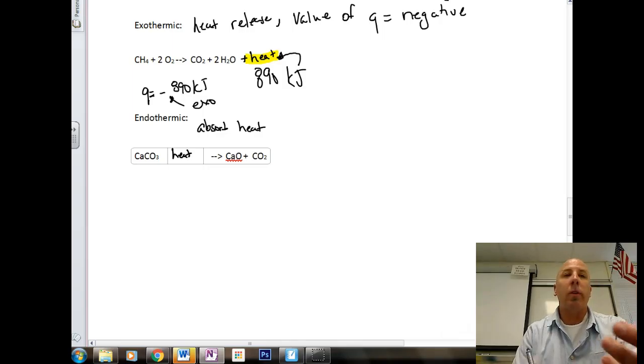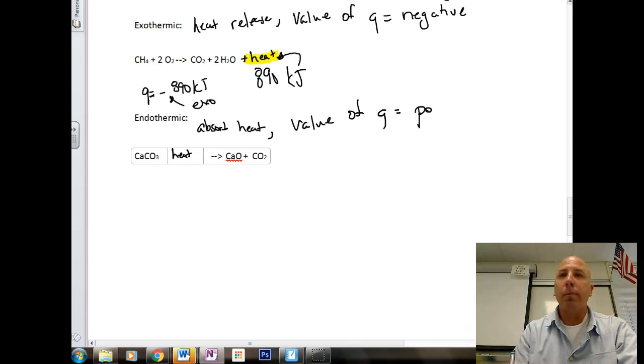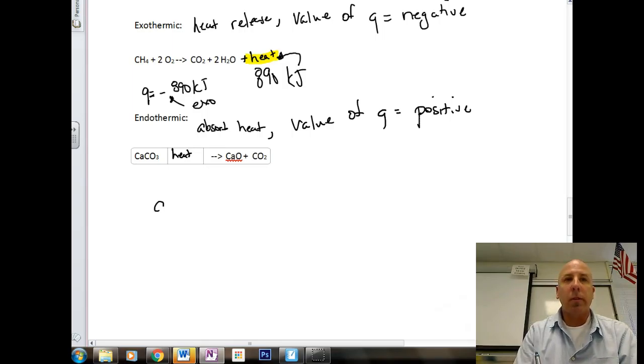So maybe we write the word heat, or maybe we actually punch in the actual numerical values. In endothermic reactions, the value of Q is positive. So maybe it says Q is equal to positive and whatever the value is in kilojoules.